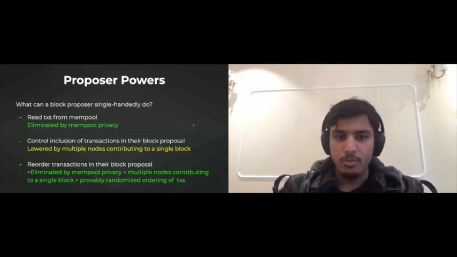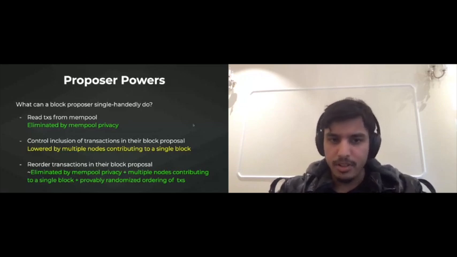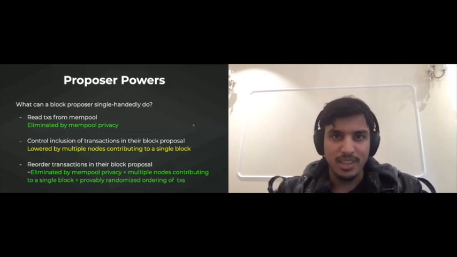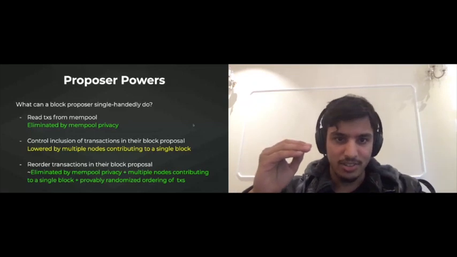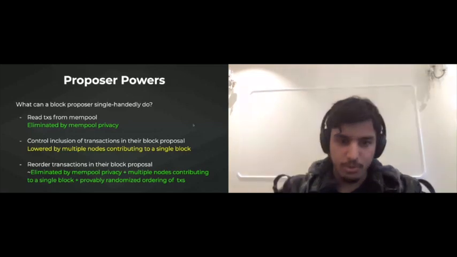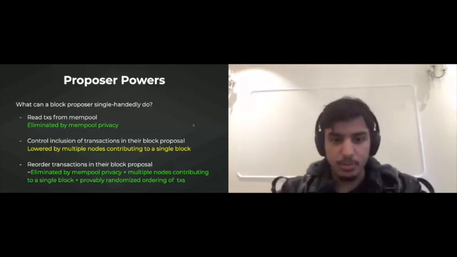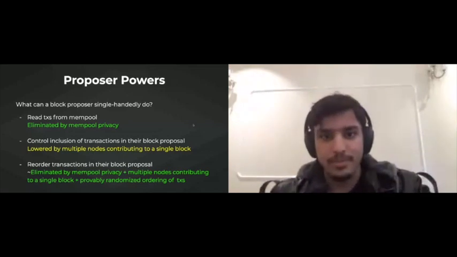And then we can solve their ability to reorder transactions in the block proposal. Mempool privacy eliminates the useful things they can reorder based off of. So with just that, they could still try to make themselves the first and last transaction in the block. But by also having multiple nodes contributing transactions and doing a provably randomized ordering, we eliminate their ability to choose the order.